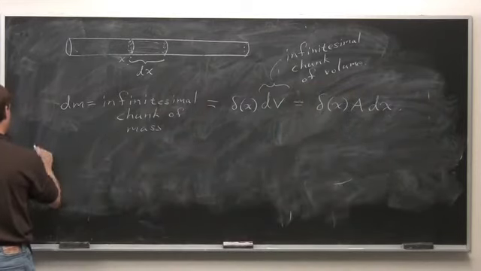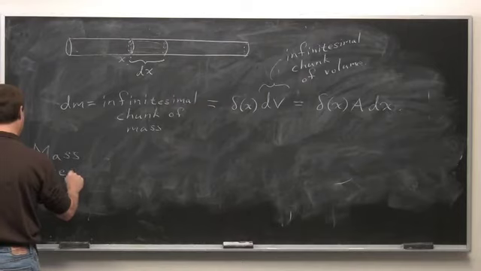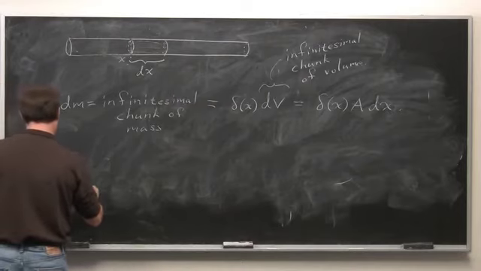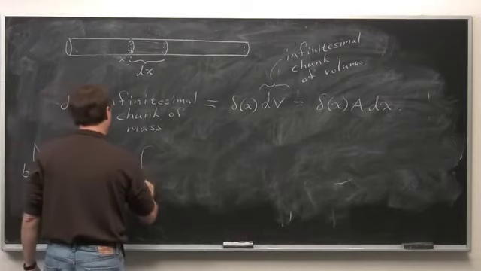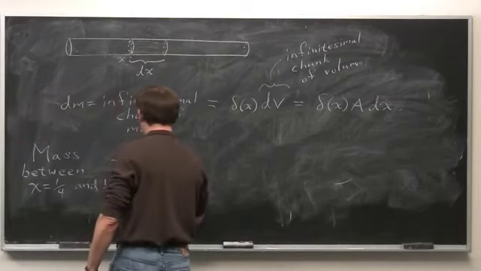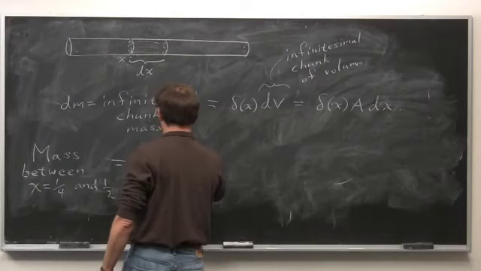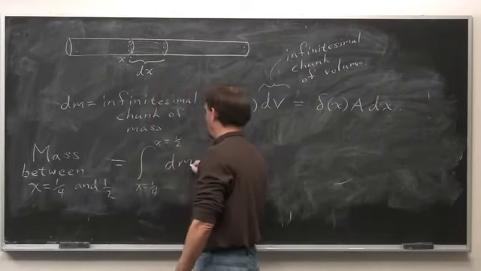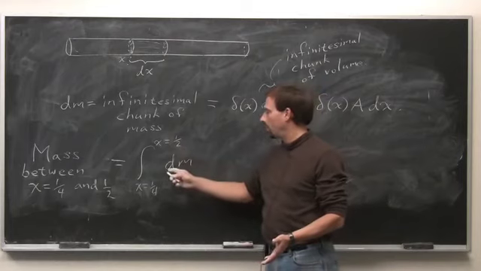We want the mass between x equals a quarter and a half, which should just be you add up all of the little chunks of mass as x goes from 1/4 to 1/2. So we write this: the integral as x goes from 1/4 to 1/2 of dm.